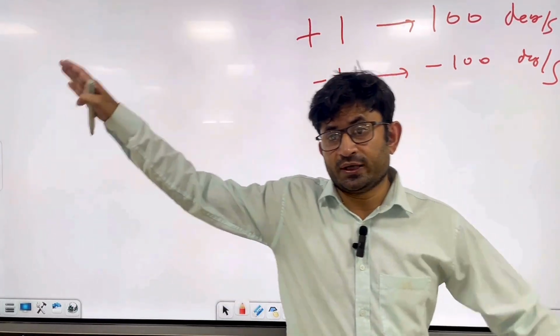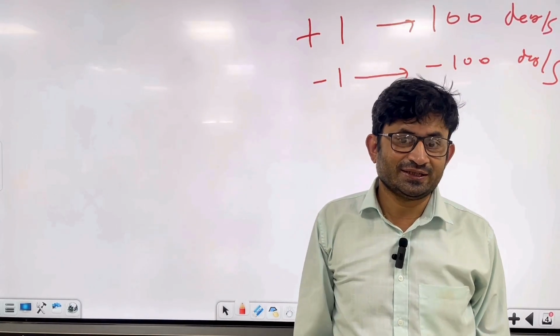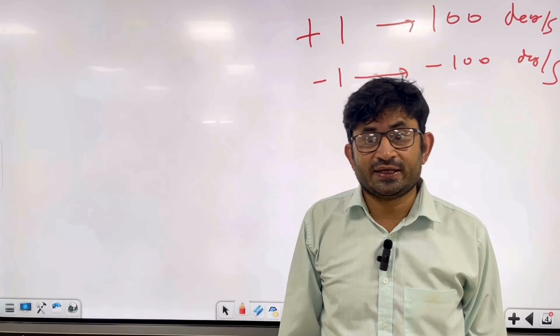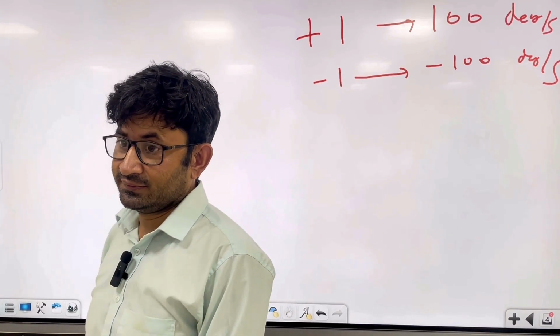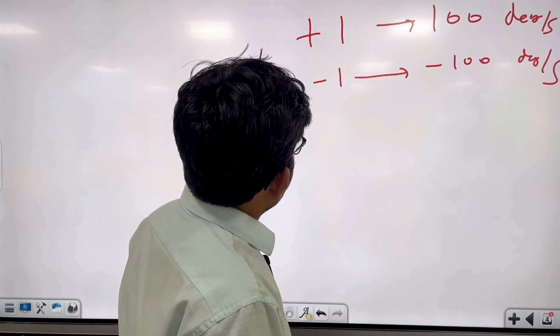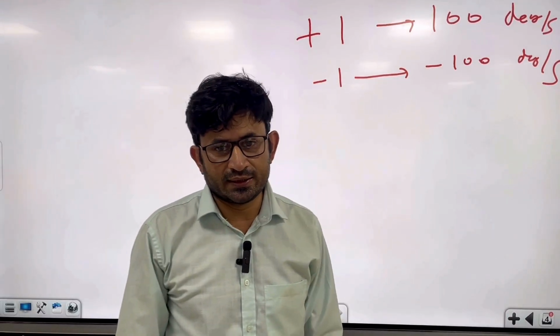It is a 100 degree per second roll rate. It is not that the aileron is deflecting, there's a difference. And in a fighter case that 100 can be 200, 300. So plus 1 corresponds to 100, minus 1 corresponds to minus 100 degrees per second.